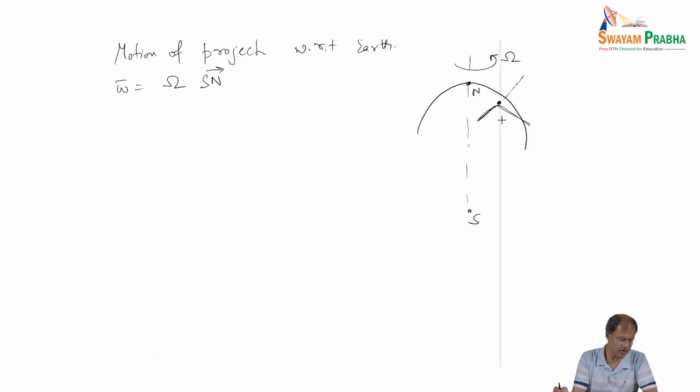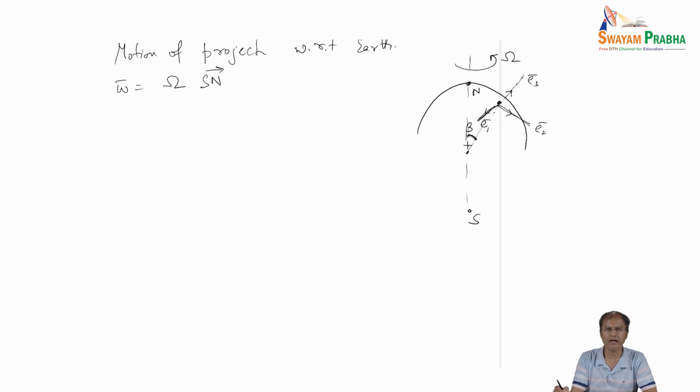And let us now denote this frame with E1, E2, E3, right? We see that this frame E1, E2, E3, they are the moving frame. And now since this is not on a flat surface, this frame is going to subtend an angle with respect to the diameter of the earth.